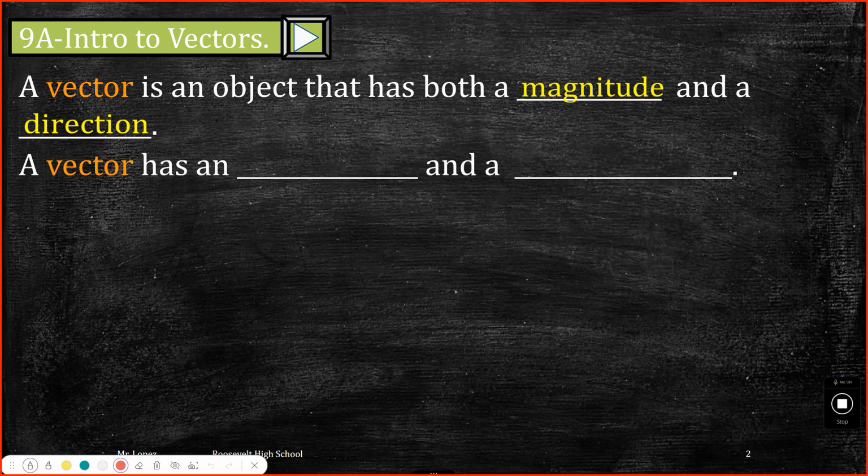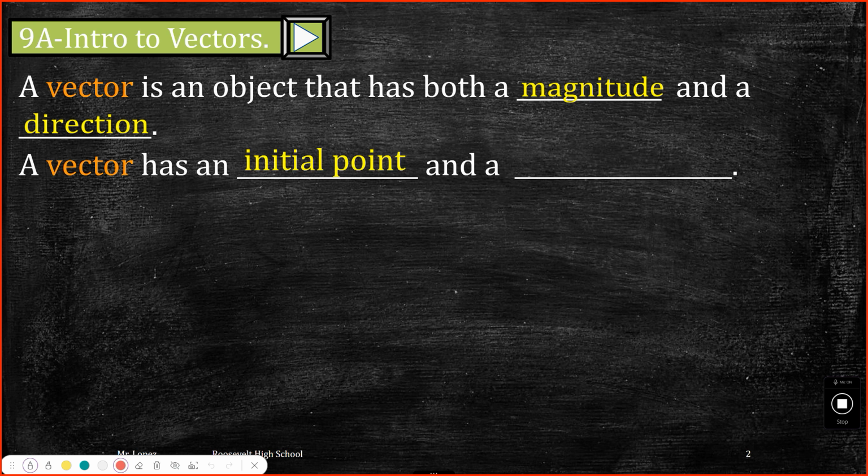What else? A vector has what? An initial position and an ending position.